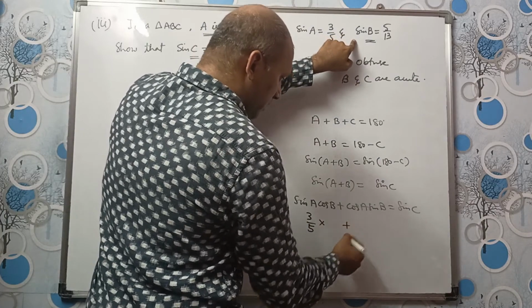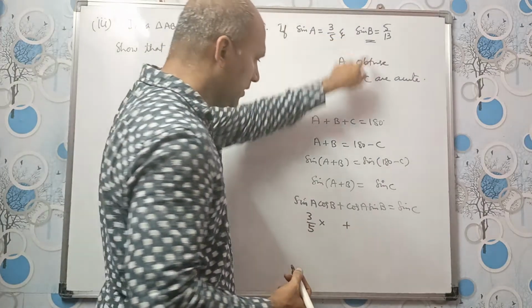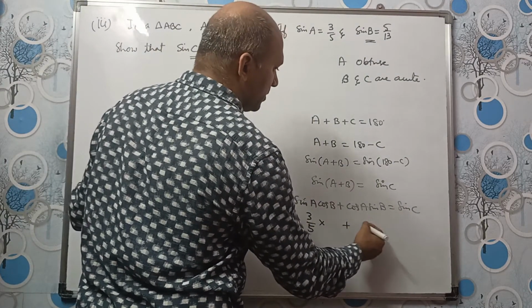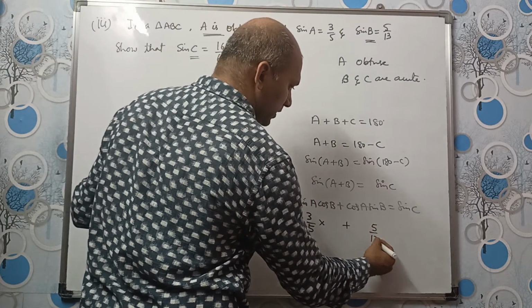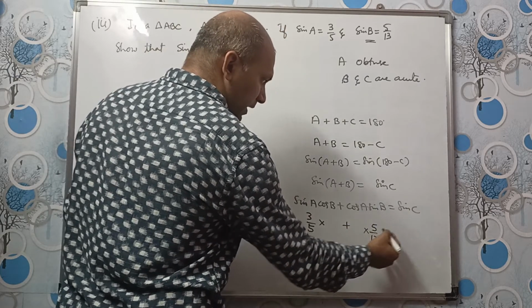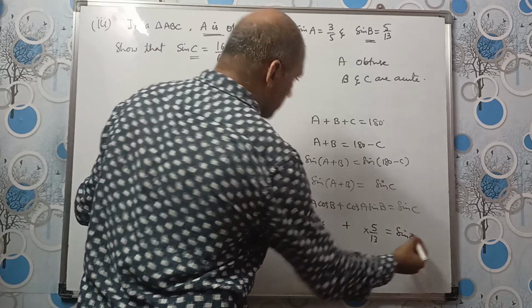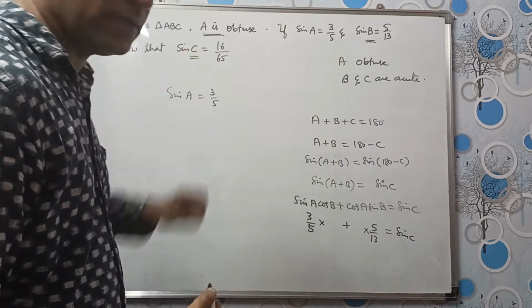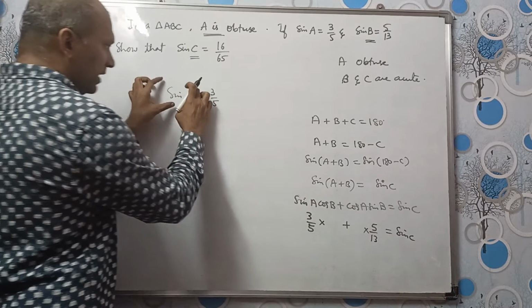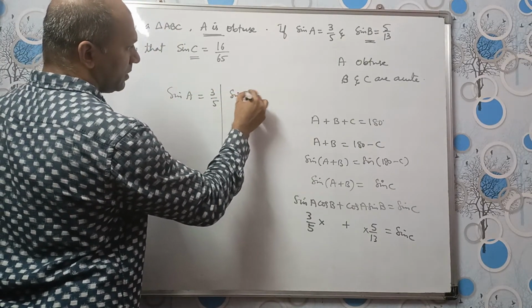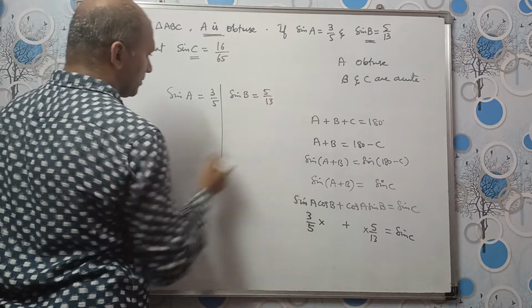We need to find it. We can find cos B from sin B, right? And cos A is also not given. Sin B is given. What is sin B? 5 by 13. Let us substitute these two values and get sin C. We need to get sin C as 16 by 65 because it is given to show, right? Sin A is given. Sin B is 5 by 13.